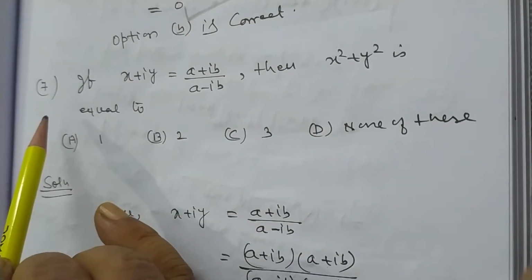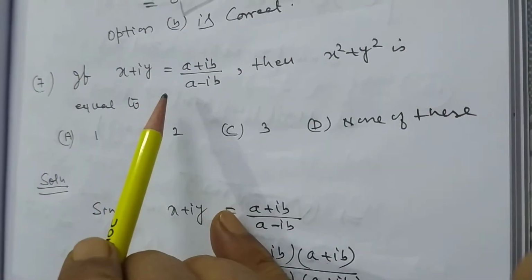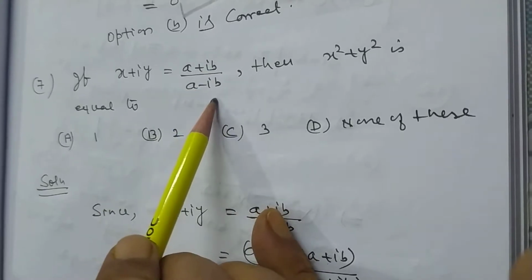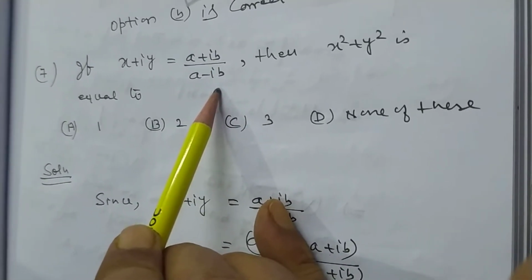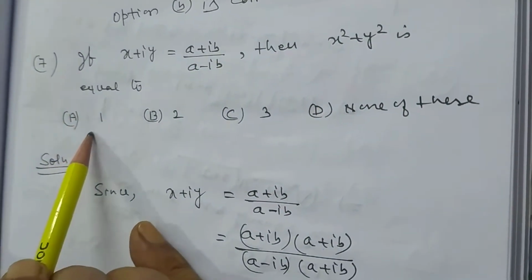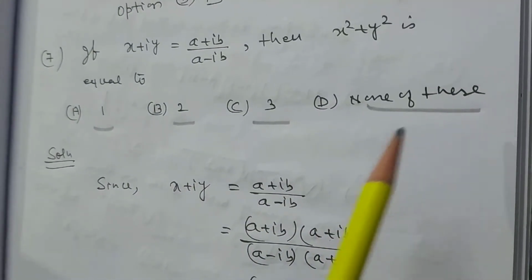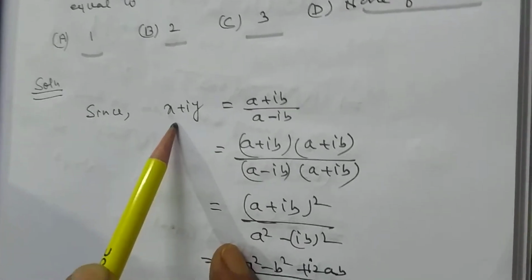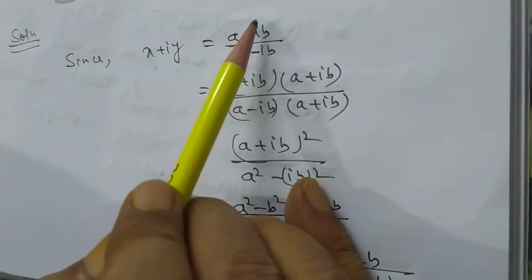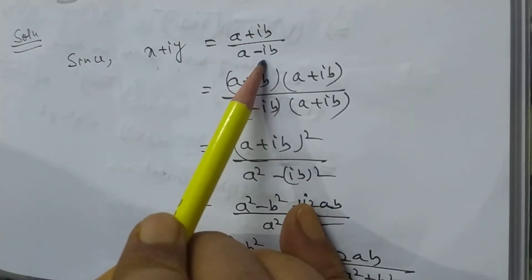My dear student, problem number 7. If x plus iy is equal to a plus ib divided by a minus ib, then x squared plus y squared is equal to 1, 2, 3, none of these. Now, the problem is x plus iy is equal to a plus ib divided by a minus ib.